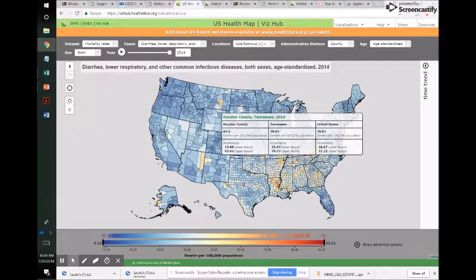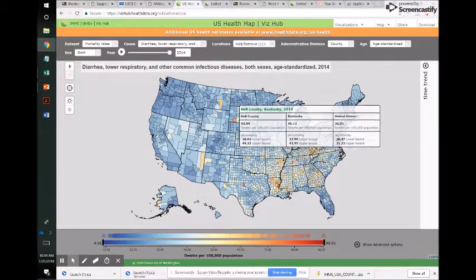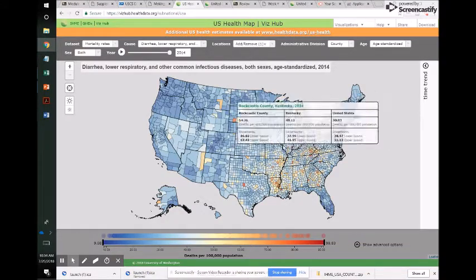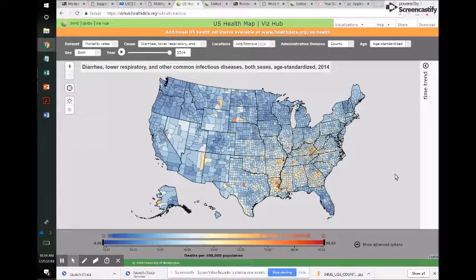So for example, here, red's the highest, and the orange and yellow are also high, but not as high. So here you see some grouping, and this could be information for us because we can look into that area and see what's different about that area compared to others.